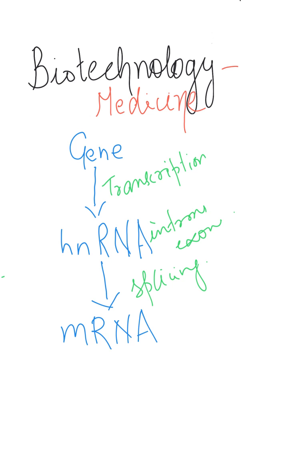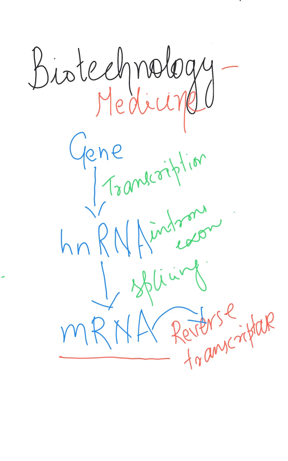So, scientists isolated this gene and synthesized mRNA first, that is, RNA which has only coding sequences. Then using reverse transcriptase, this was converted into a DNA strand and this DNA strand is called cDNA.